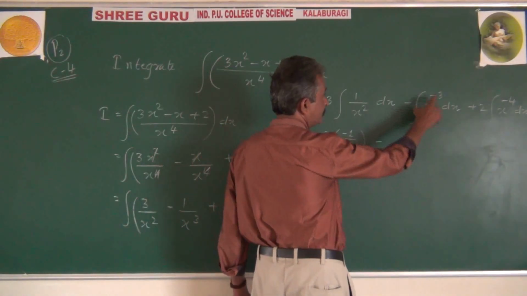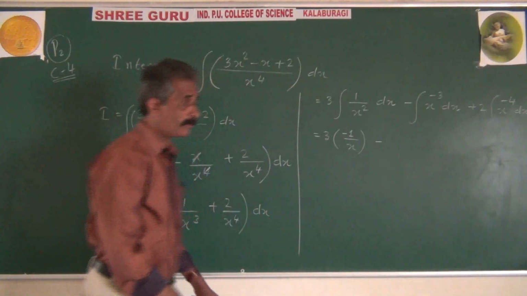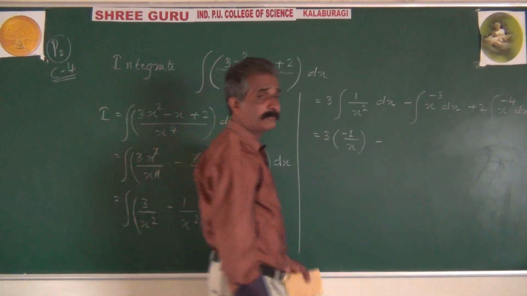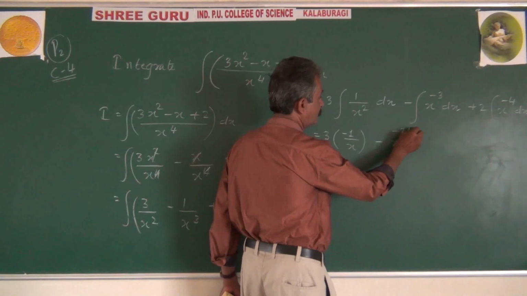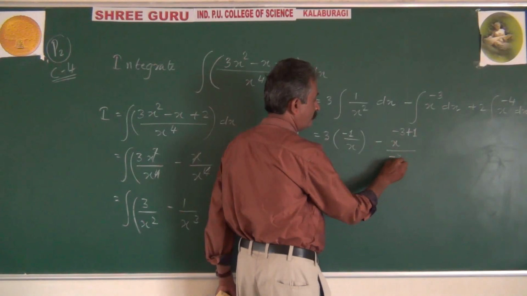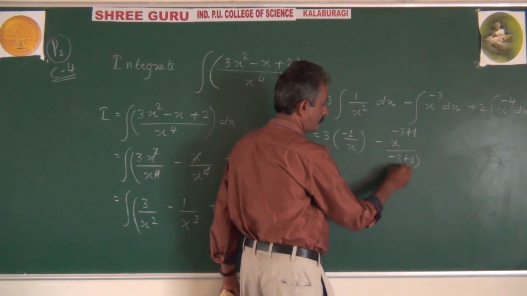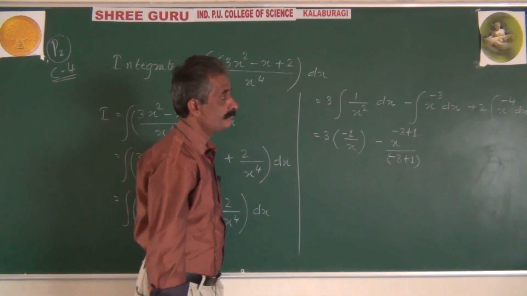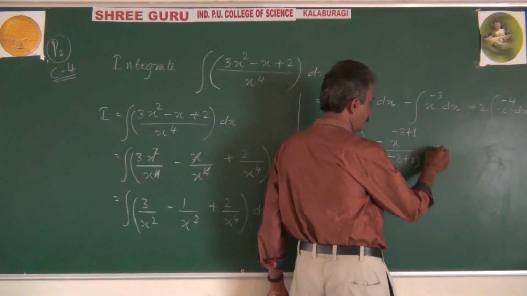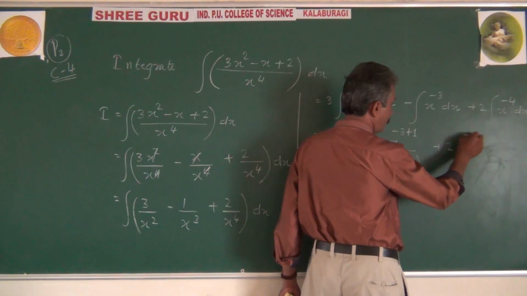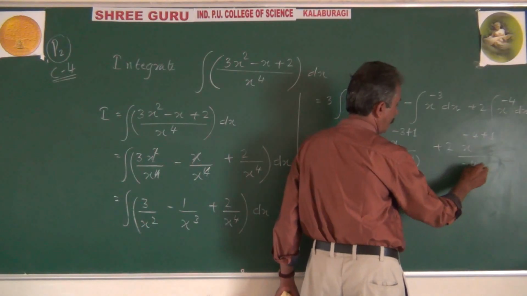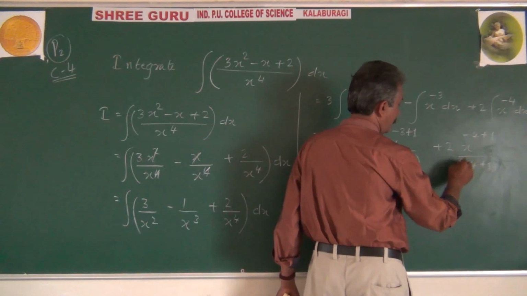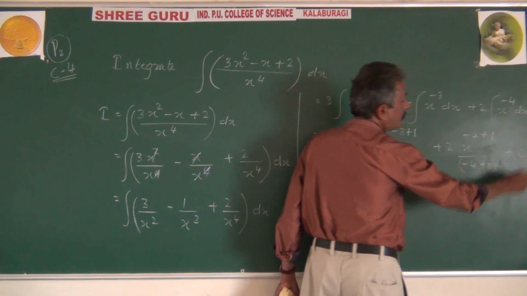It is just like integration of x to the power n, x power n plus 1 by n plus 1, that means x power minus 3 plus 1 divided by minus 3 plus 1. Next, the same type of formula, x to the power minus 4 plus 1 divided by minus 4 plus 1, and you can add the constant now.